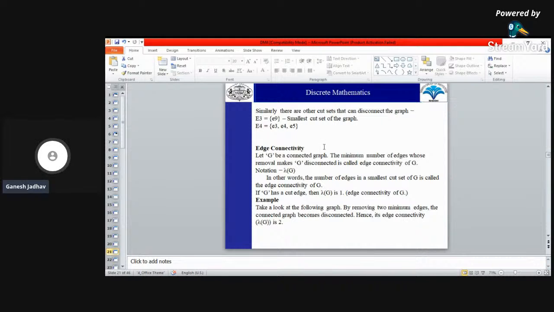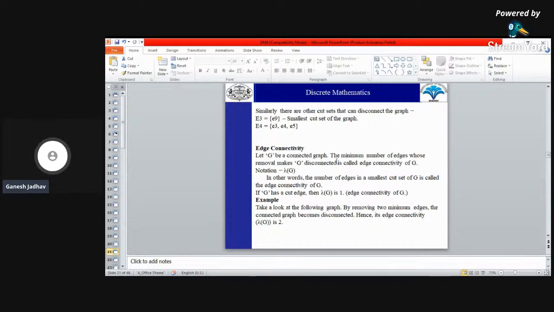Then another one is the edge connectivity. So what is edge connectivity? Let G be a connected graph. The minimum number of edges whose removal makes G a disconnected graph is called the edge connectivity.